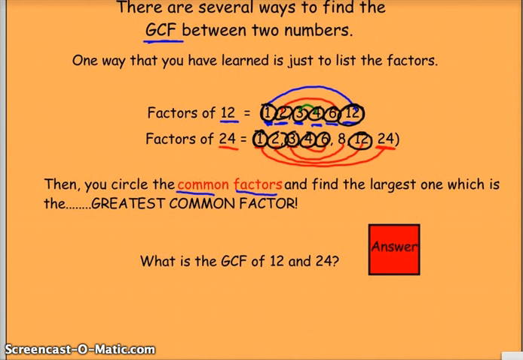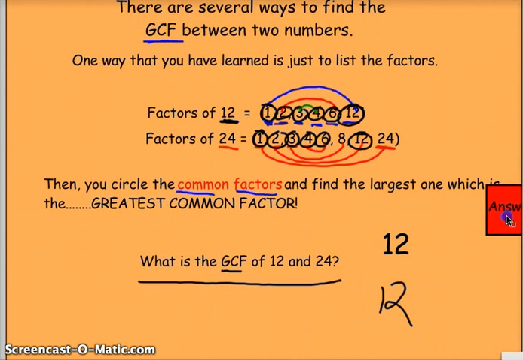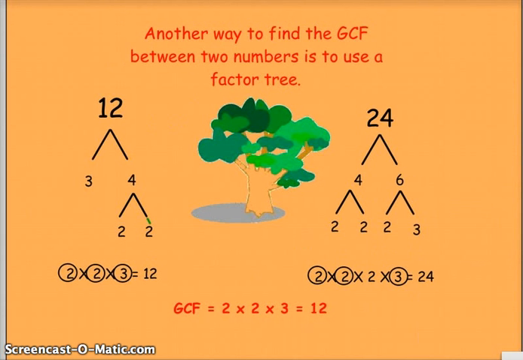You'll never have a common factor that is greater than the lowest number. But in this case, we say the greatest common factor between 12 and 24 is in fact 12. Let's check, see if that's our answer. Yes, in fact it is.